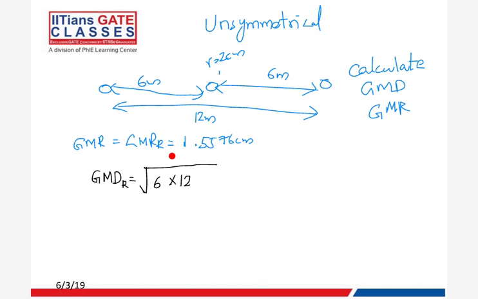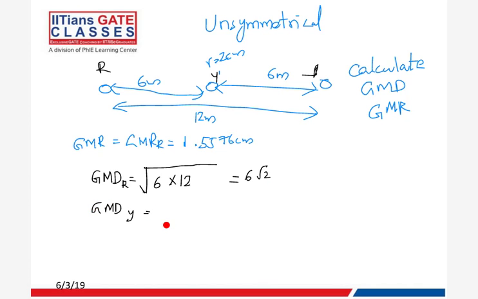The distance between R and Y is 6, R and B is 12, so this would be, let me put as 6 root 2. Then what would be GMD with respect to phase Y?